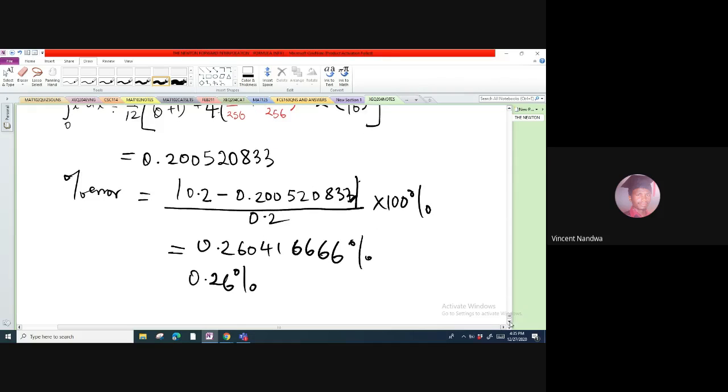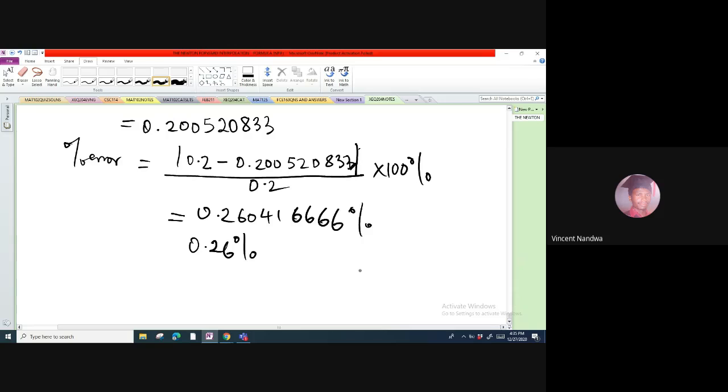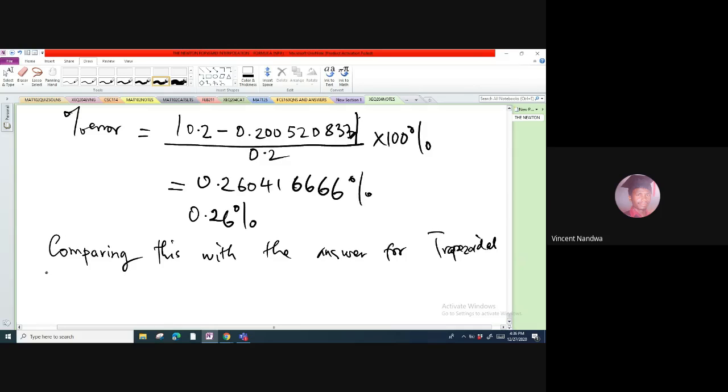Now, when you compare this error with what we did in the case of the trapezoidal rule, you see that this one is much lesser. So comparing this with the answer for the trapezoidal rule, we see that this is smaller, which implies a better approximation.